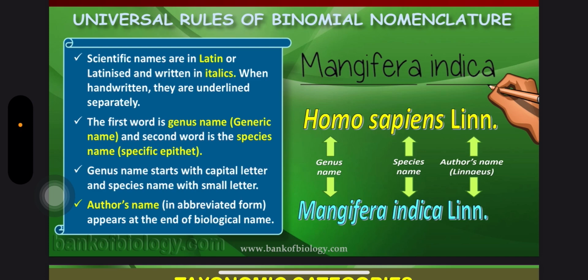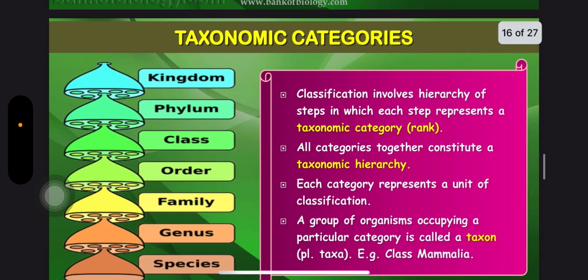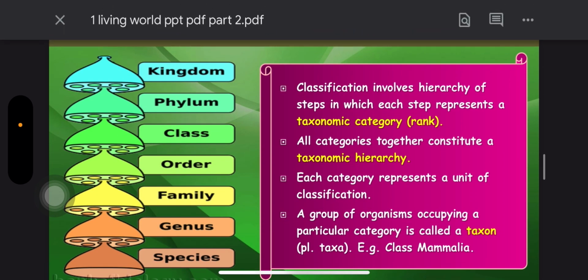Second is the species or specific epithet. Genus name starts with a capital letter and species starts with a small letter. If there is another name, the abbreviated form has to be written after the species with a dot. Mangifera indica: genus name is Mangifera, species name is indica, Linn., that's the author. Linnaeus's name is given as the author name. Now, taxonomic categories.